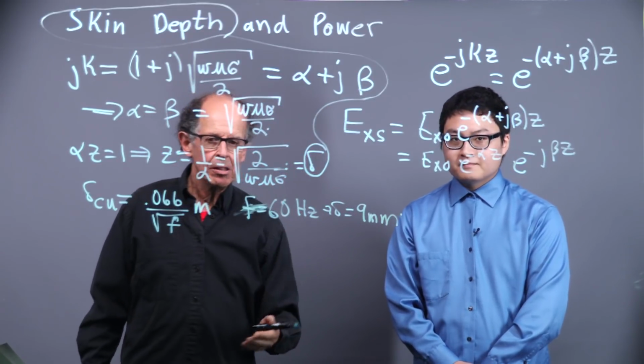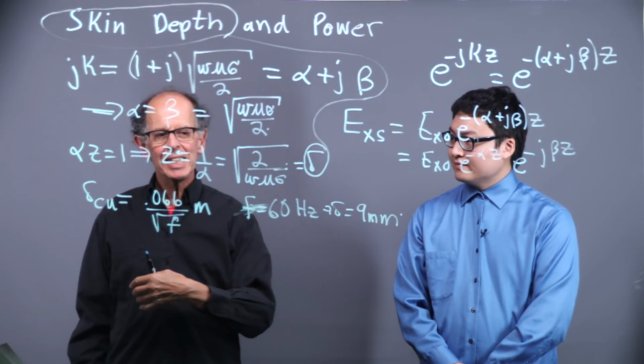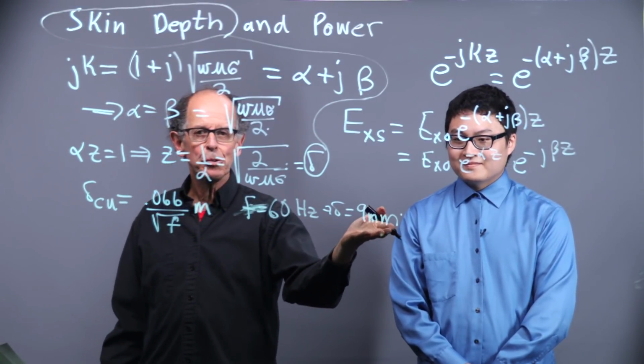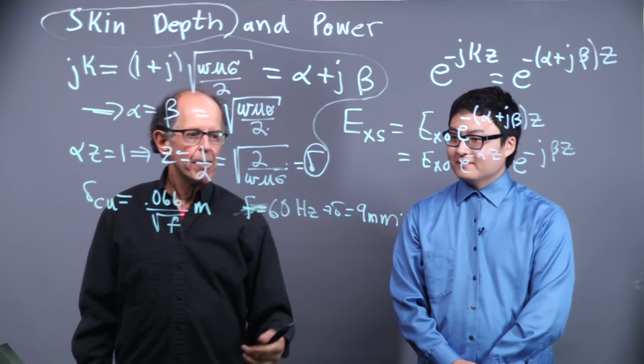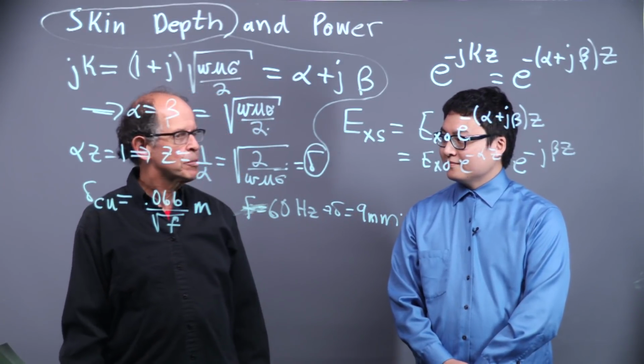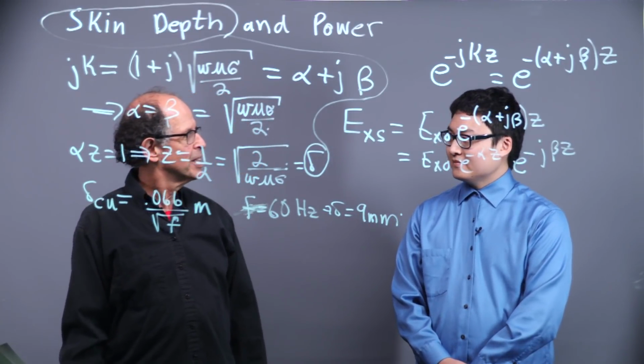That's at 60 hertz. Normally when we have copper and cables, we're dealing at gigahertz. So this is going to shrink to almost nothing, four or five orders of magnitude smaller, so divide by 10,000.